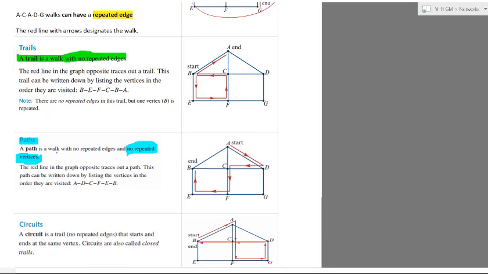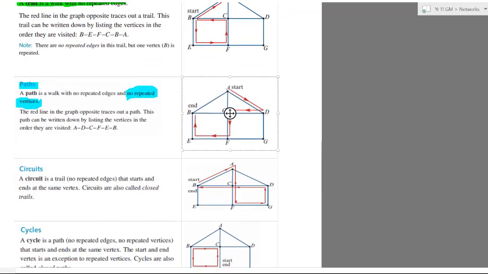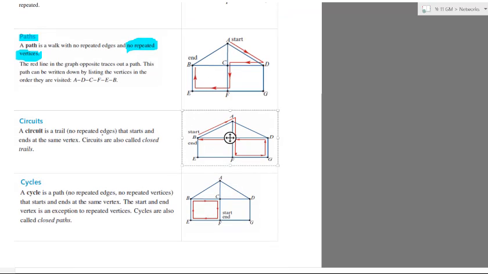A path is a walk with no repeated edges and no repeated vertices. So in this case, you start at A, go to D, go to C, go to F, go to E, go to B. You haven't repeated any vertices and you haven't repeated any edges. A circuit is a trail that starts and ends at the same vertex with no repeated edges.